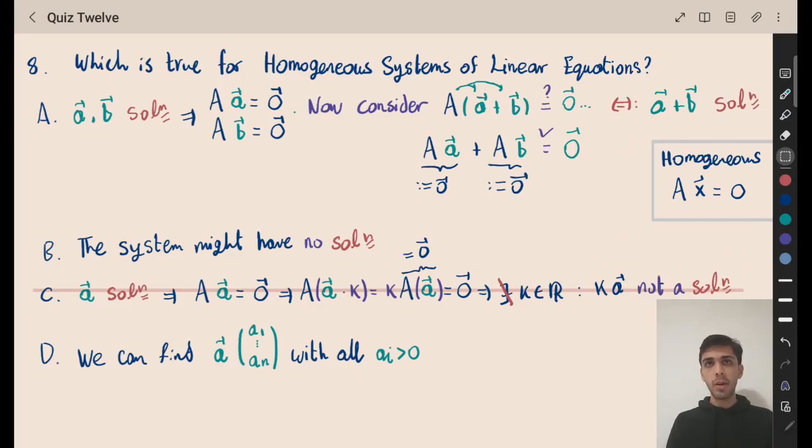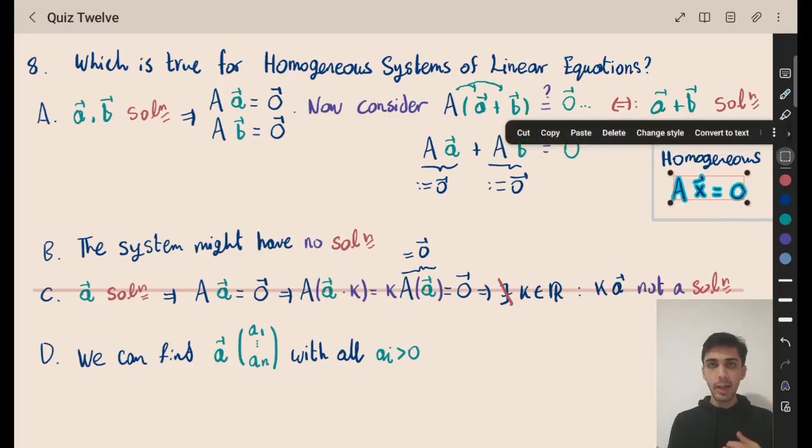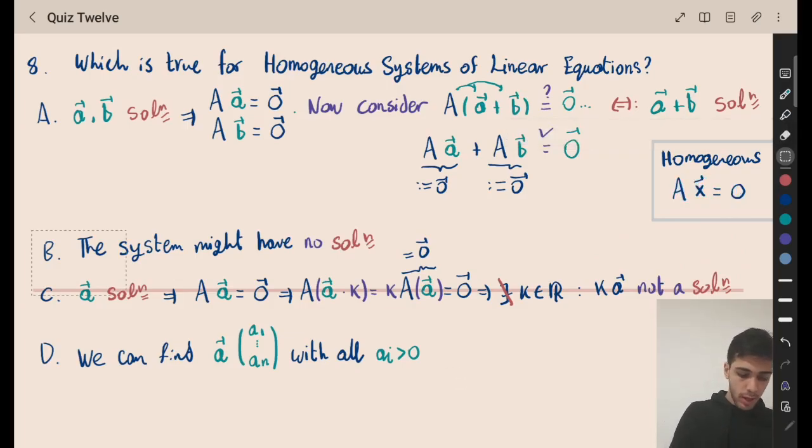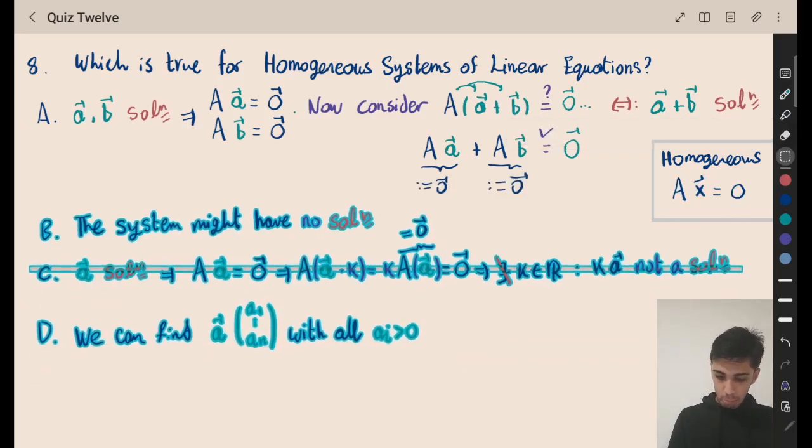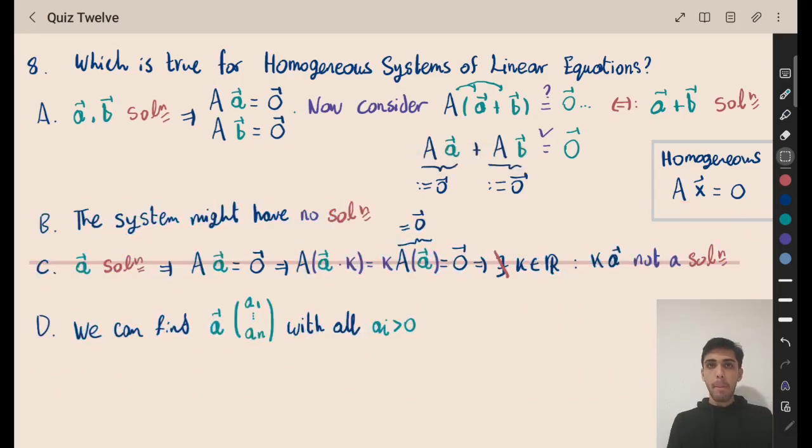It's the system to which its solutions, you're solving AX is equal to 0. These are the two facts that you need to know. And otherwise, it doesn't seem like there's anything else. So A is the solution to the exercise.